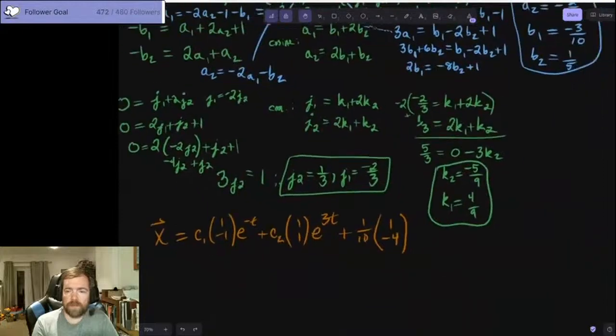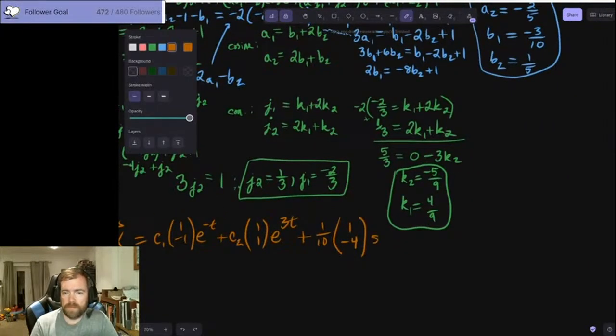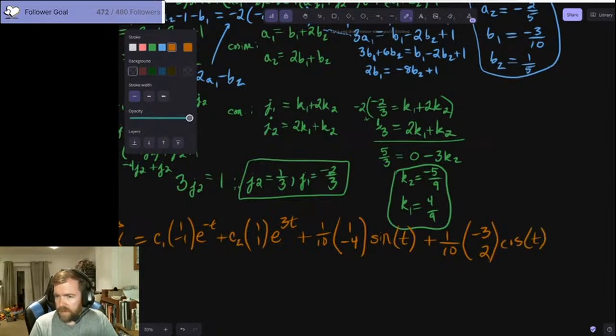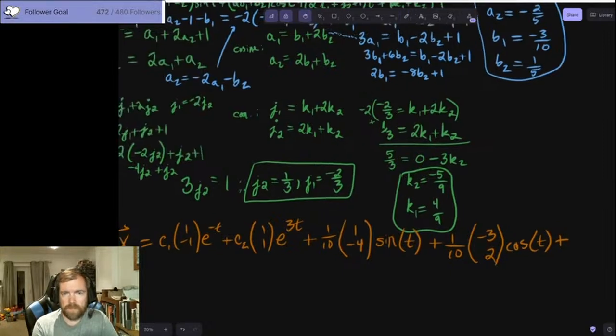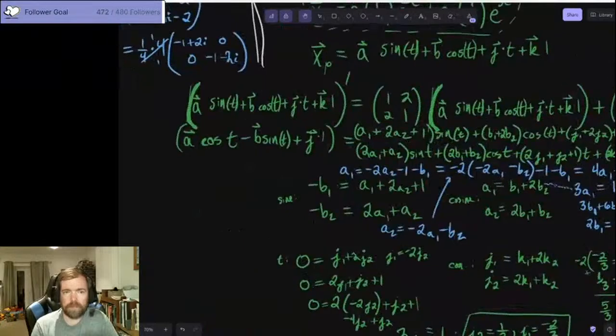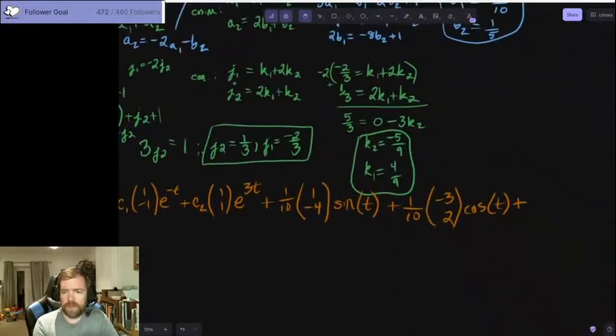A is a sine function. Okay, plus 1/10 times -3 by 2 cosine of t. Plus, J is our t function.